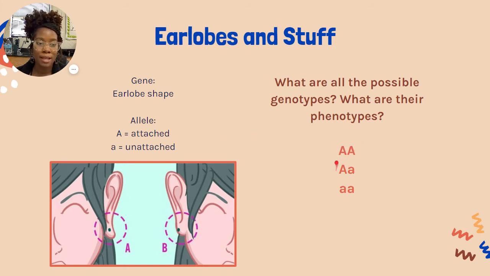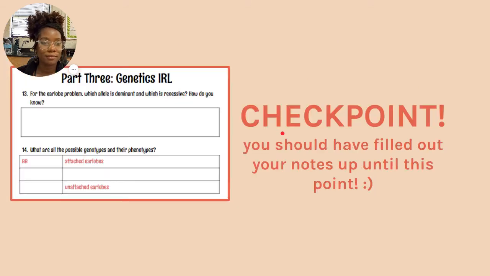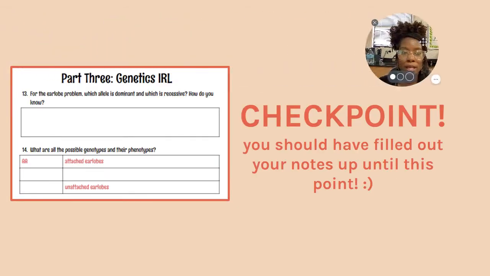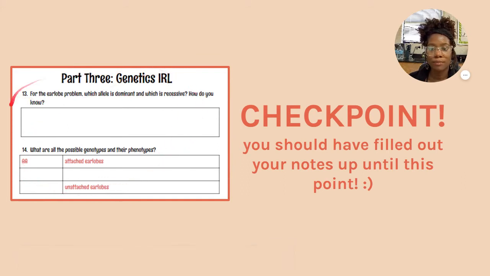Big A, little a has a dominant, and we know that dominant is going to say attached. Little a, little a has only a recessive, which means that the earlobes are going to be unattached. Okay, so at this point, you should have been able to fill out these parts of your notes.